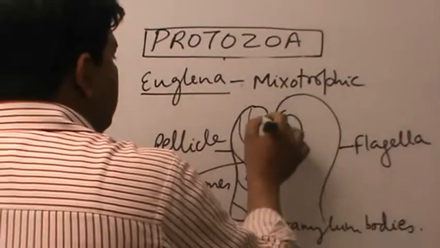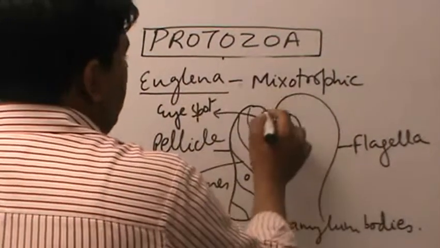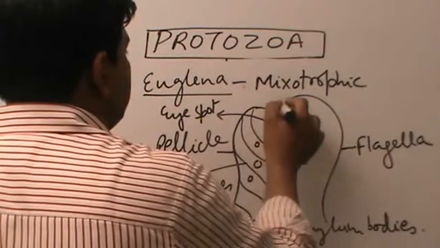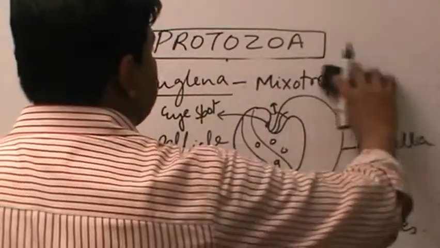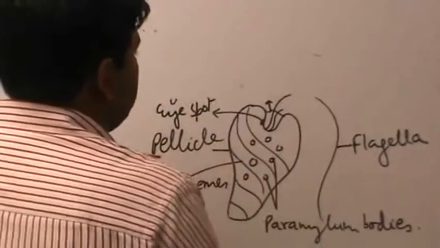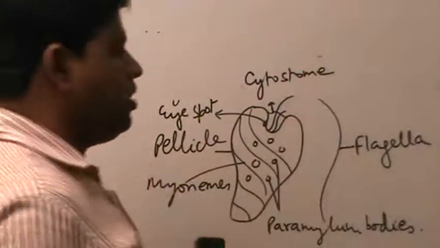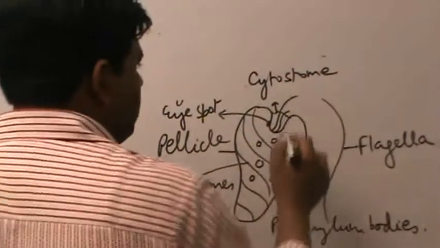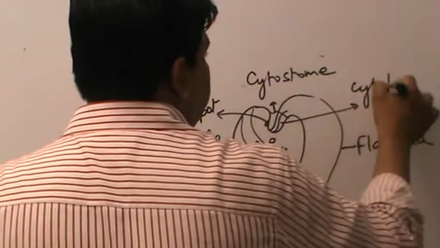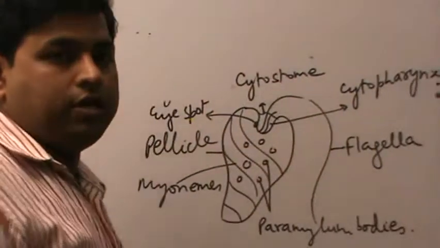Here you will find an eye spot, and this part is known as the cytostome. It is comparable to the mouth of the organism. And this is the cytopharynx, comparable to the gullet.